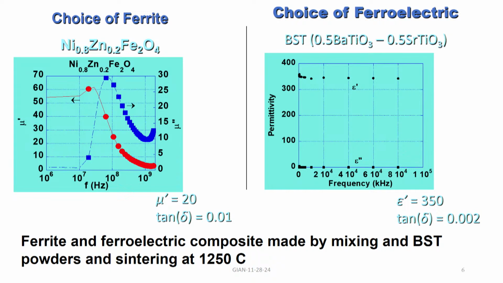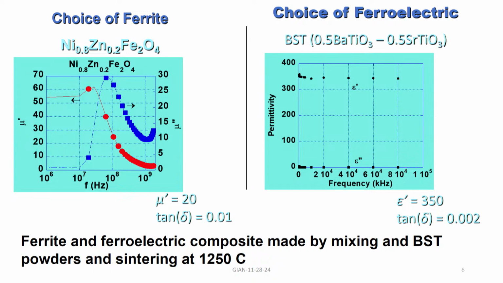The same way in bismuth strontium titanate, you can get high permittivity and low loss. So, these are the two choices, but mu prime is around 20 at 100 megahertz, and epsilon prime is 350 at the same frequency.